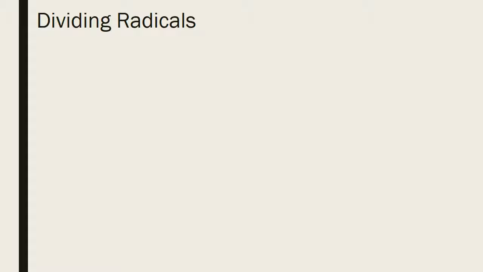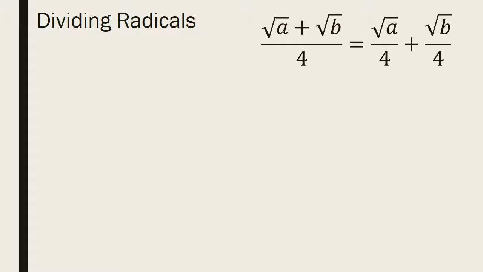Now let's talk about dividing radicals. When we have two radicals added together divided by a rational number, we think about radicals the same way we think about variables.